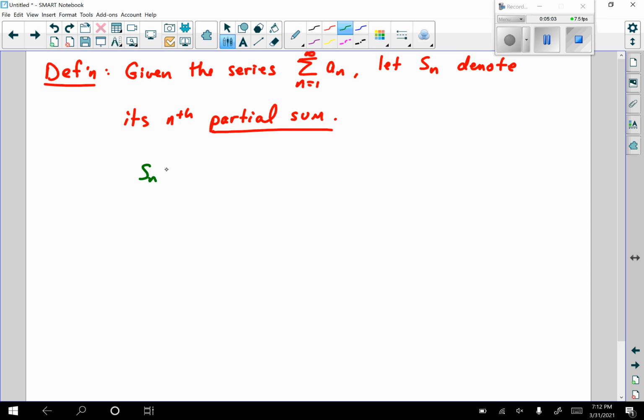So then S sub n is going to equal the sum as i goes from 1 to n rather than from n to infinity, because this is a partial sum of a sub i. So now this becomes a sub 1 plus all of these terms up to a sub n. So that's how we would denote an nth partial sum.